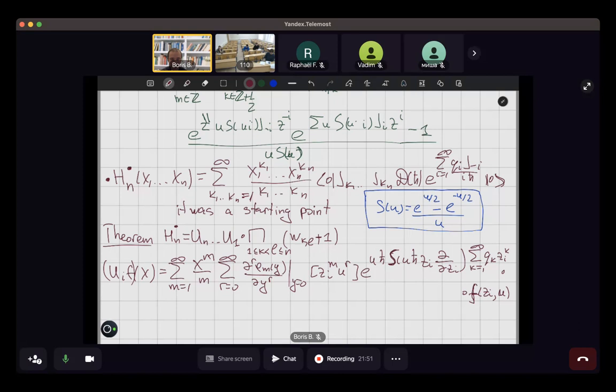So you see, we have this expression, and here we have, in fact, this exponent, more or less these exponents.